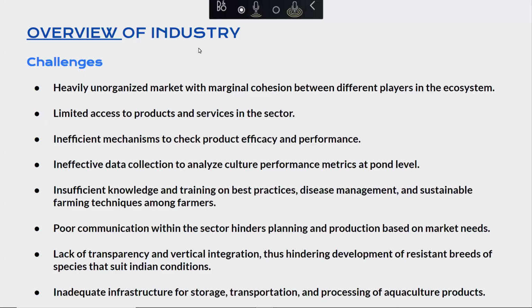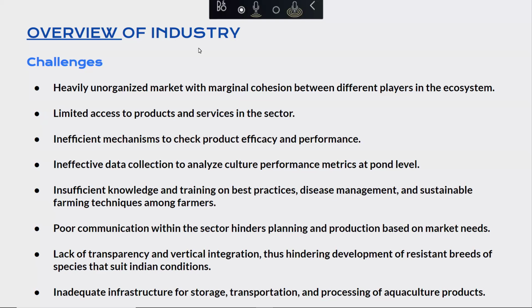They sell it, and we are using the same breeds of shrimp for the last 20 years, which favor more Pacific, which suit the environment near the Pacific rather than India.